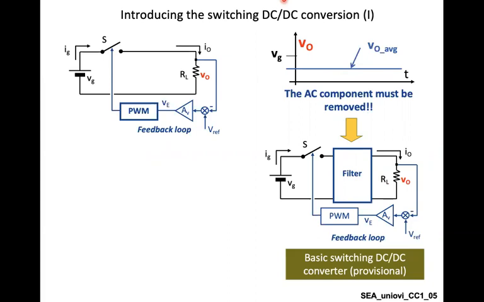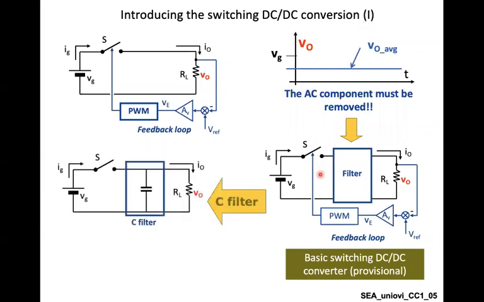We start by considering a very simple filter, with only a capacitor here. So this capacitor should act as a very low order filter to remove harmonics.